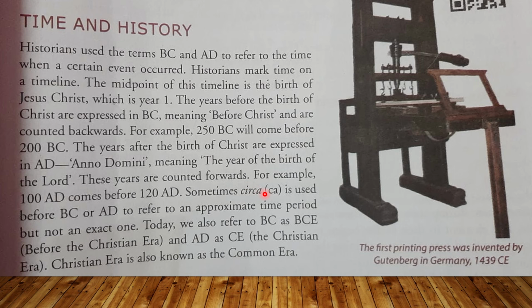Sometimes CA is used before BC or AD to refer to an approximate time period, but not an exact one. If you observed in Unit 1, Stone Age, 5 lakhs, they have written circa, or you can say CA also.